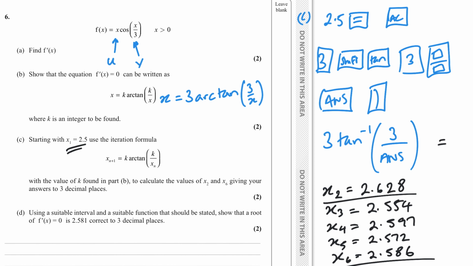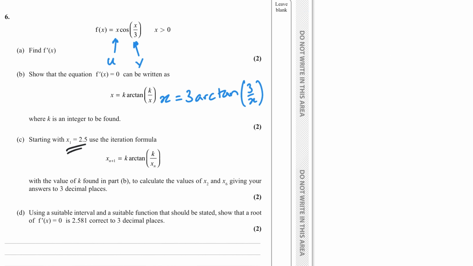Okay, just make some more room. And the final part, part D, says that when f of x is equal to 0, or the differential of x equals 0, the root is 2.581, corrected to 3 decimal places. We need to pick a suitable interval, so we want to go just above and just below. So we want to go to the 4th decimal place.